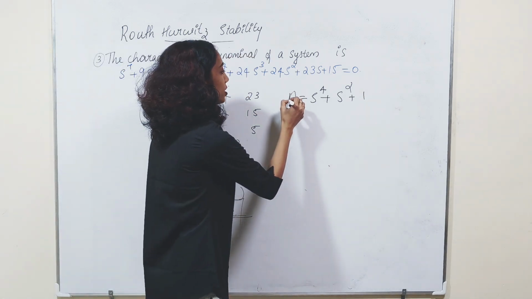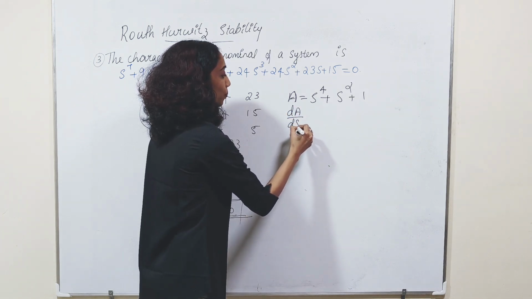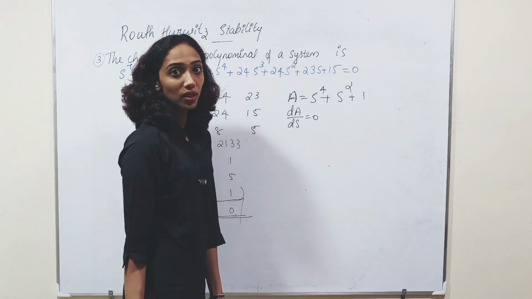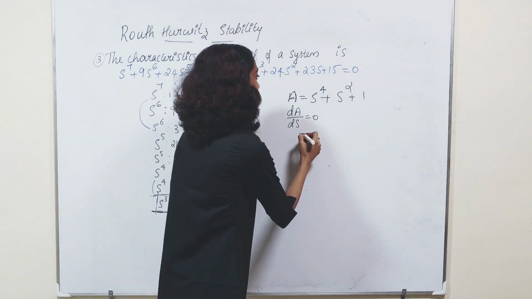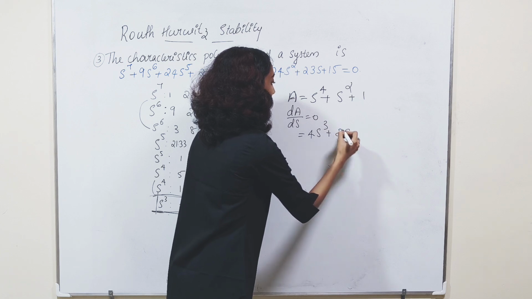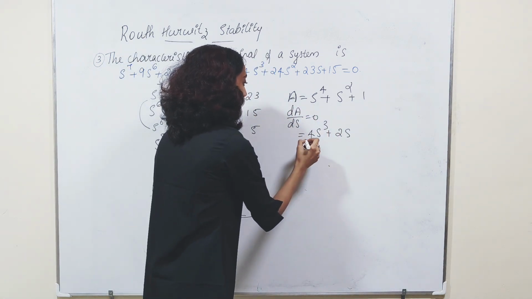Then differentiate this auxiliary equation with respect to s. We get 4s cube plus 2s.